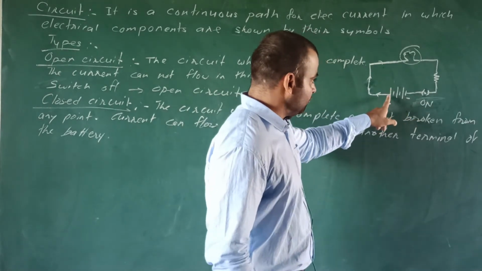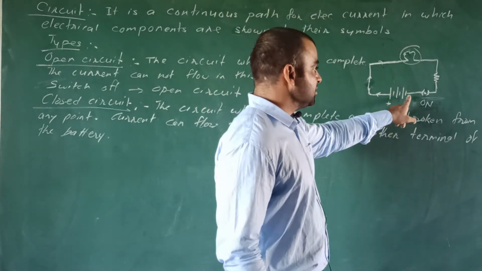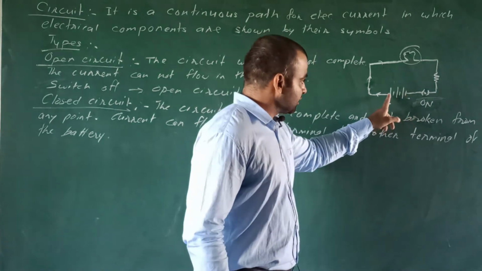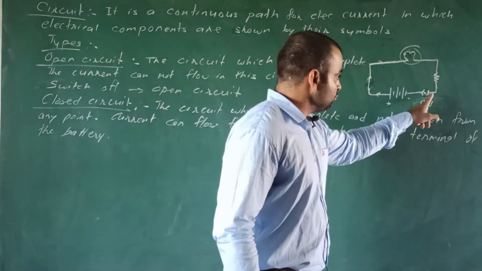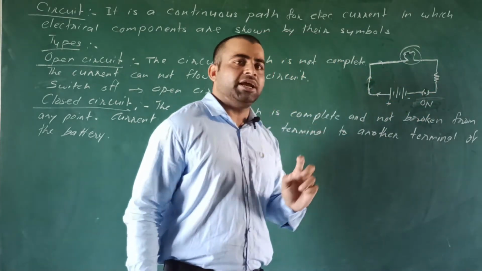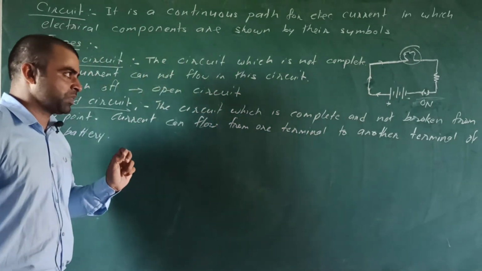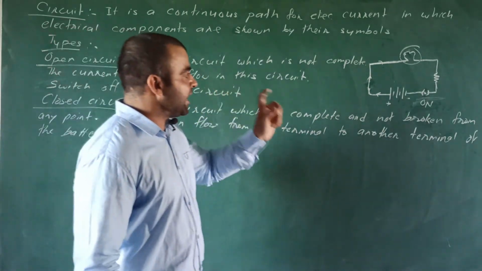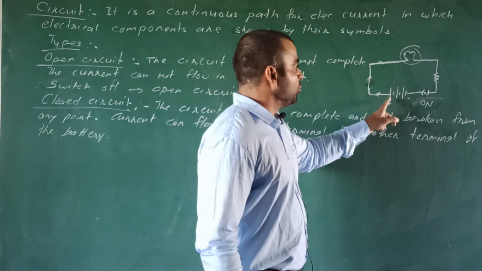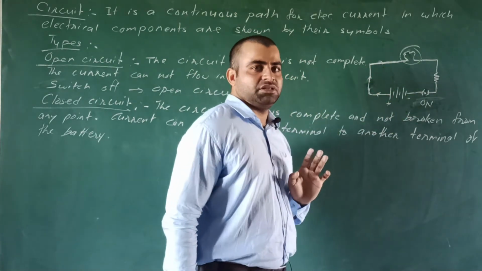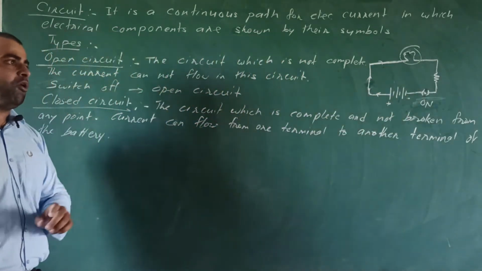This is the positive terminal, and this is the negative terminal. Current can flow from the positive terminal to the negative terminal only in a closed circuit. If the circuit is open, then current cannot flow, and it will be an open circuit.